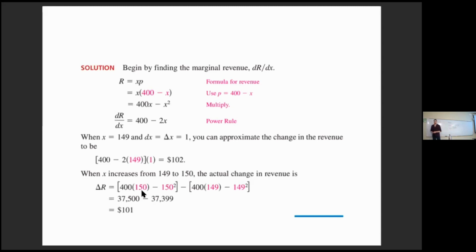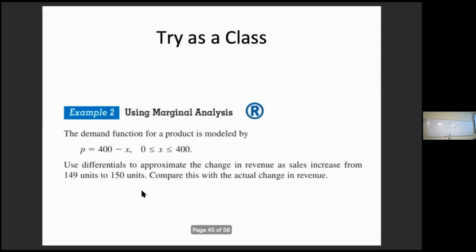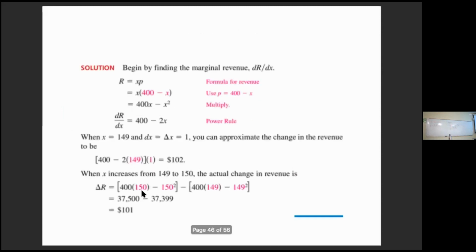So in relation to this problem, instead of y, we're working with r, right? And this is a function of x because p is a function of x and x is a function of x. So x times a function of x is still a function of x.